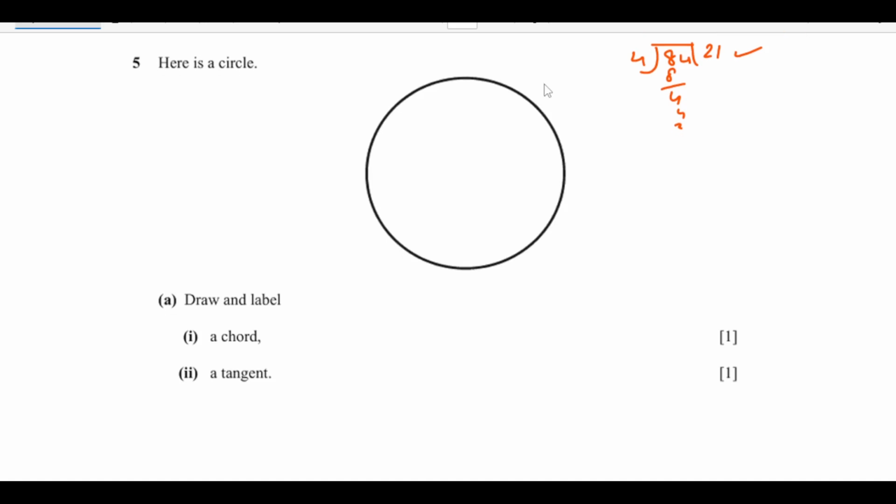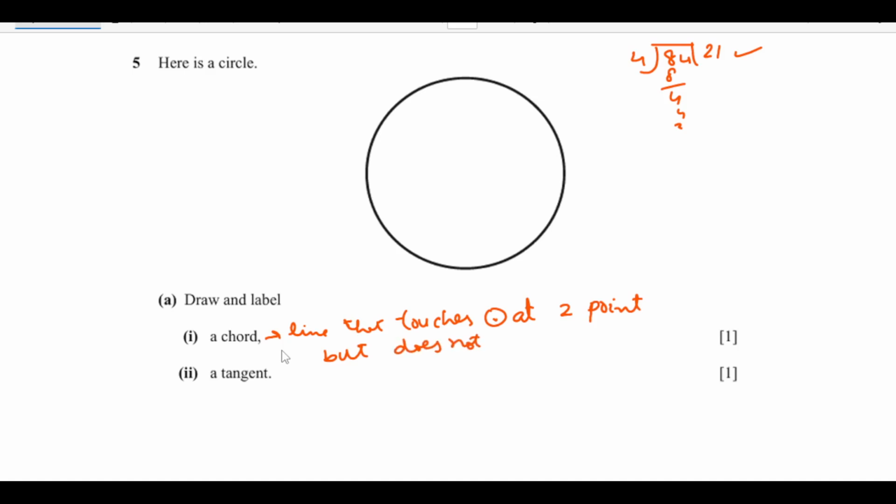Now here is the circle. Draw and label a chord and a tangent. Now what is a chord? A chord is a line that touches the circle at 2 points but does not pass through the center.